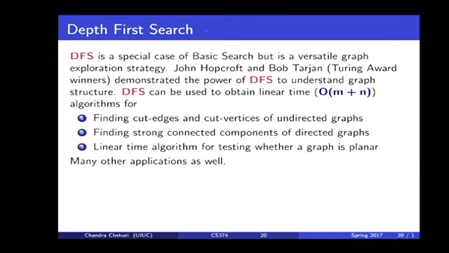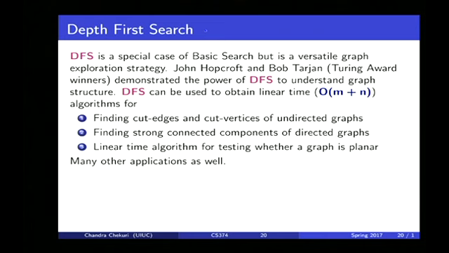John Hopcroft and Bob Tarjan, the Turing Award winners, won the Turing Award mainly for developing fast algorithms for basic graph problems, and they used depth-first search to show that you can solve problems that seem a little difficult in linear time.